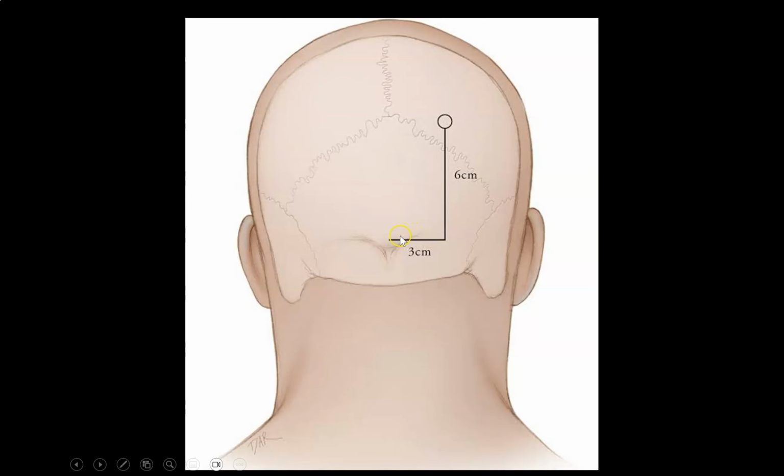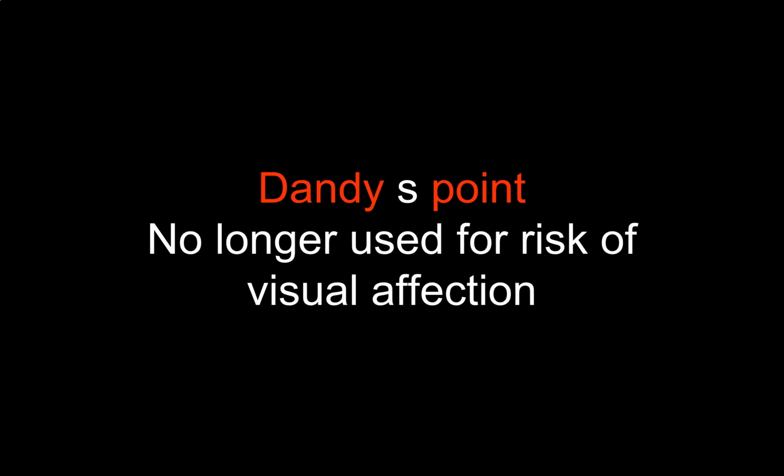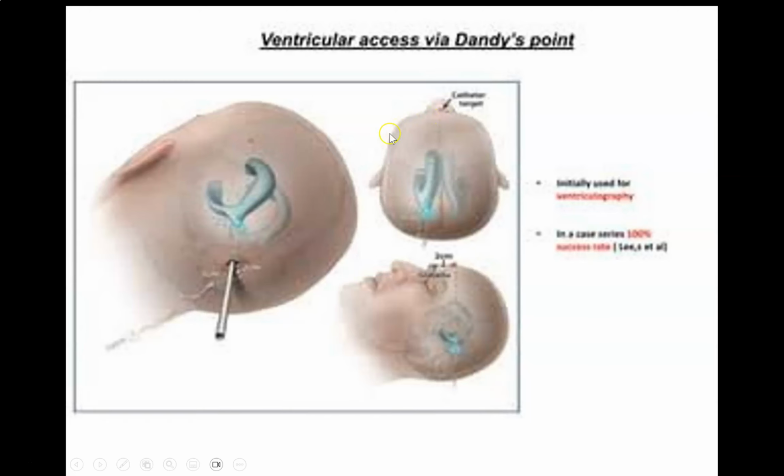Then this point is no longer used for risk of visual affection. It is like Frazier's point, but it is 3 centimeters only above the external occipital protuberance, and this can injure the occipital lobe, causing visual affection.